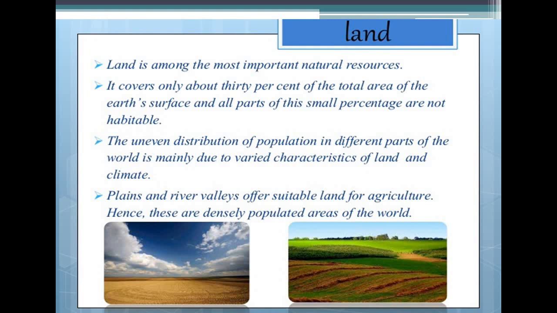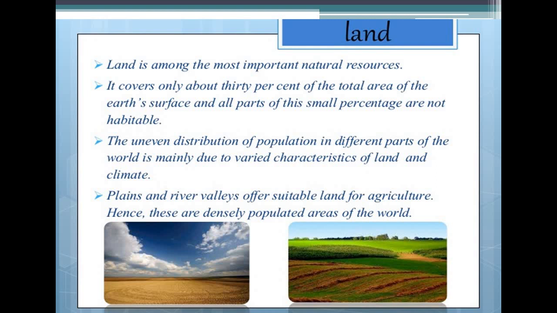On the globe, 3/4 is covered with water. Only 1/4 of the area is covered with land at present, and 90% of the population lives in 30% of the present land, which means that of the 1/4 land, on 30% of it, 90% of the population resides.